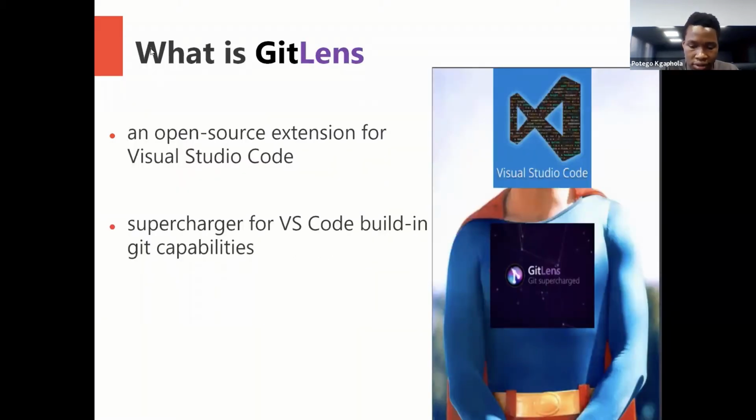So you're probably wondering what is GitLens. GitLens is an open extension that you can get on the marketplace in VS Code, and it's just gonna supercharge your Git capabilities. Jacob has already mentioned that VS Code has limitations when it comes to dealing with Git.